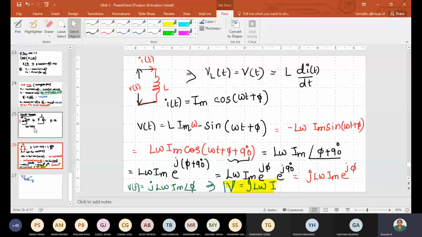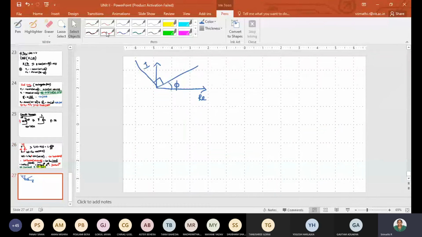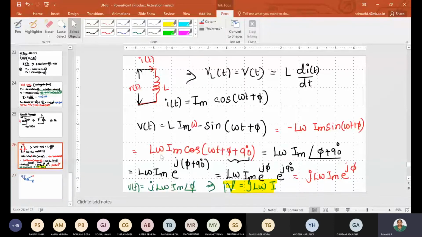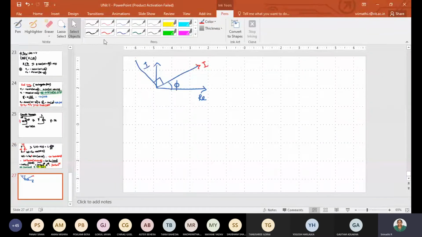So this is your I, at an angle of phi, that is Im cos omega t plus phi, whereas V is j and angle phi. So now this is your V, phi plus 90 degrees. This is for your L.